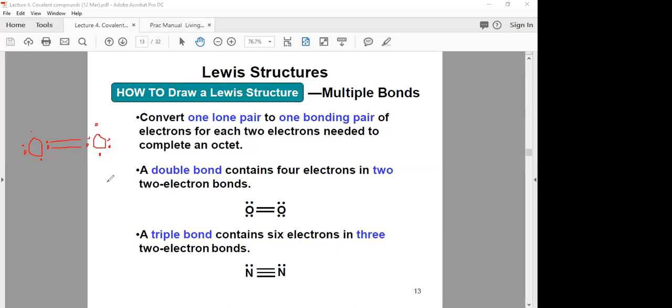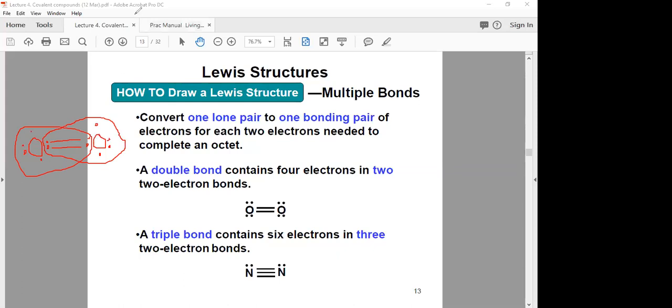How many electrons now are surrounding the oxygen to the left? It has 8, correct. So if we count all those electrons in there, you can see 2, 4, 6, 7, 8. And the same applies to the other oxygen, 8 electrons. So you can see why oxygen is particularly stable when the two atoms are joined by 2 covalent bonds.